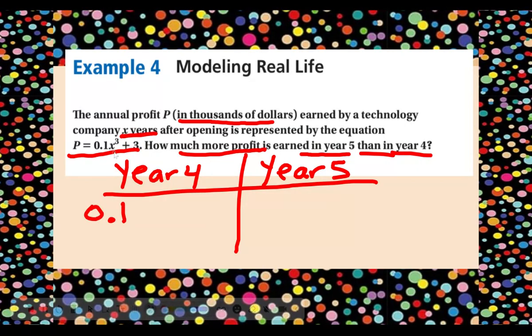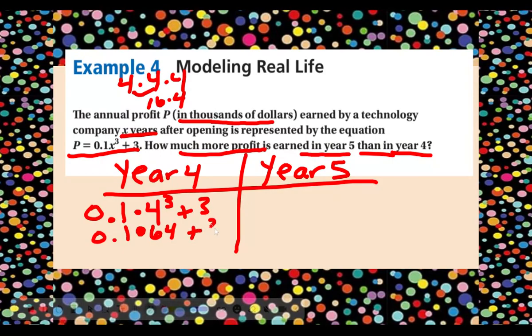So 0.1 times x to the third. So year 4 would be 4 to the third plus 3. So on your paper, write out 4 times 4 times 4. 4 times 4 is 16. 16 times 4 is 64. So 0.1 times 64 plus 3.